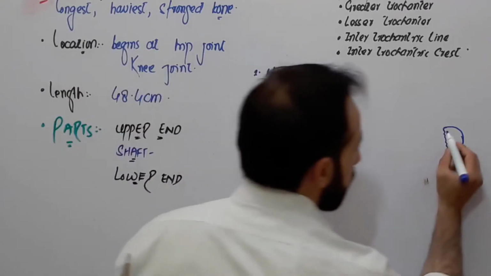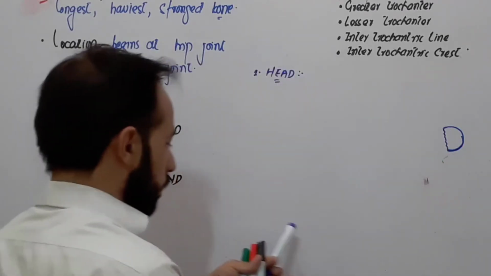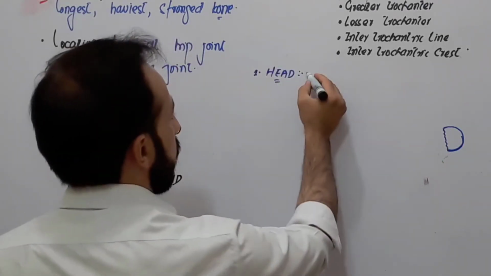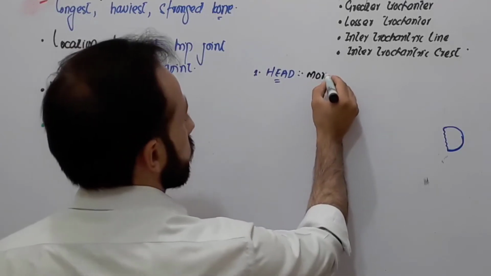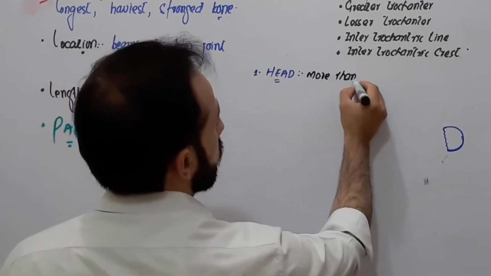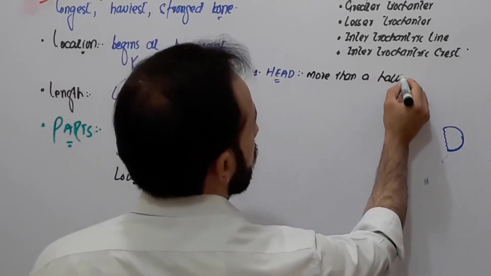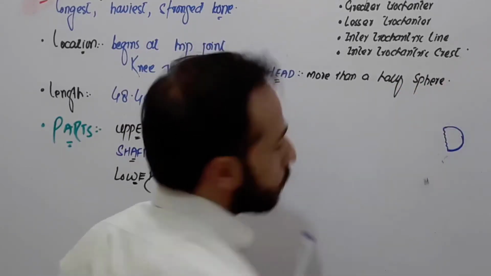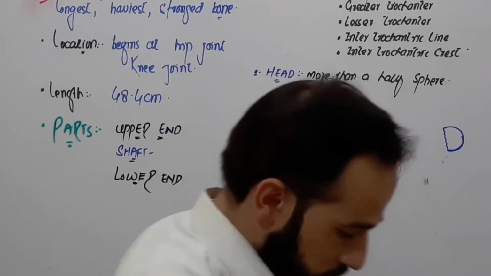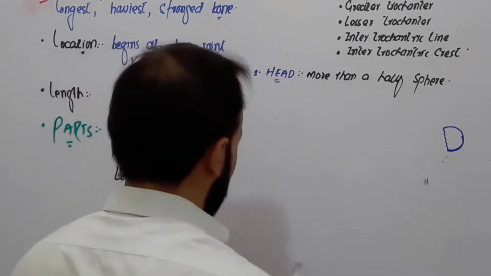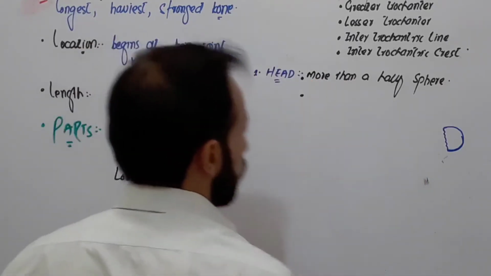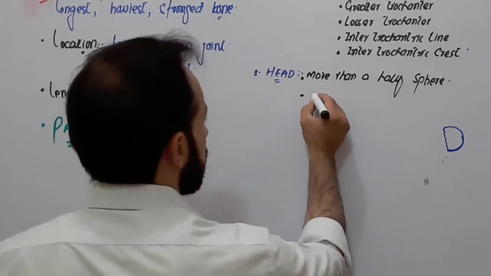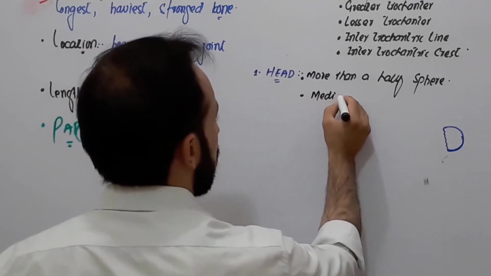So it is a little bit more than a half circle. So let me write here, it is more than a half sphere. We don't use the word circle, we use the word sphere. So it is more than a half sphere. Done.